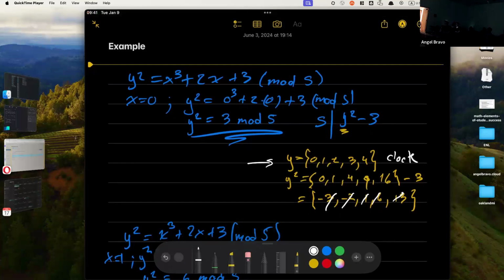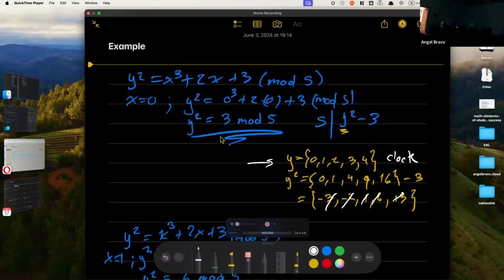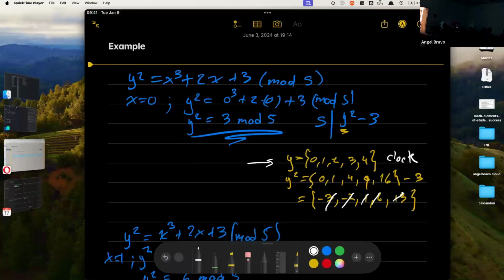You need to find when x is 1, when x is 2, when x is 3, and when x is 4, in order to find the points that belong to this particular field. So we found 1. If we keep going, we can find some more, or not that many. Probably some will be similar, no solution, but we'll find at least 2.